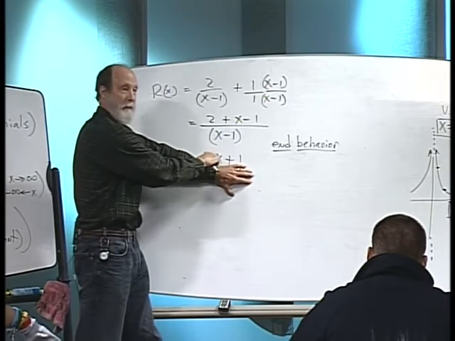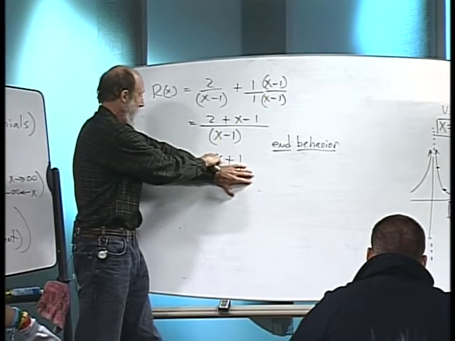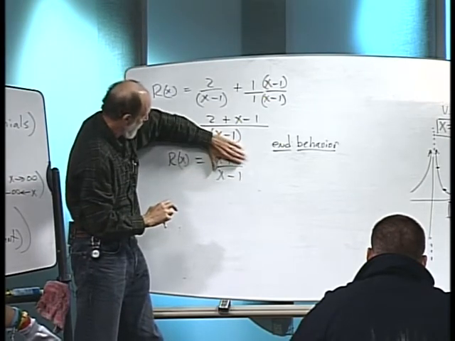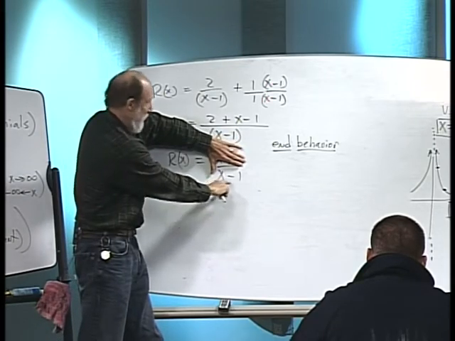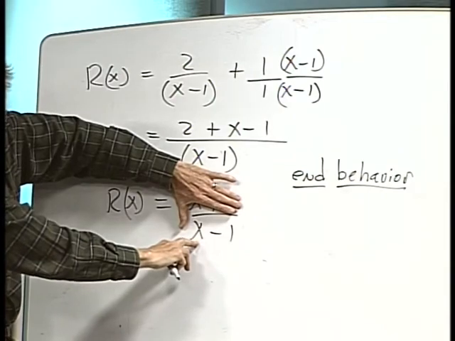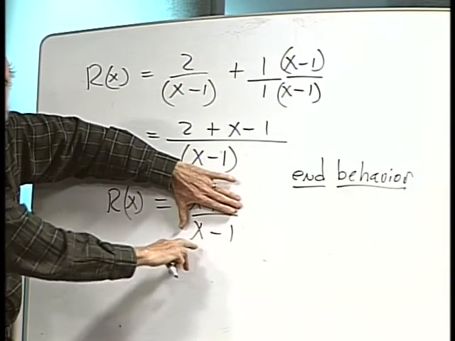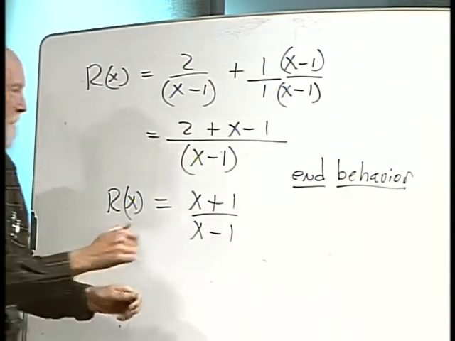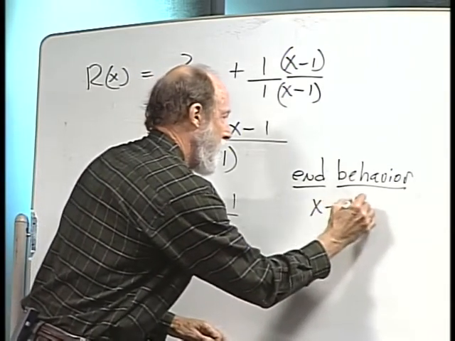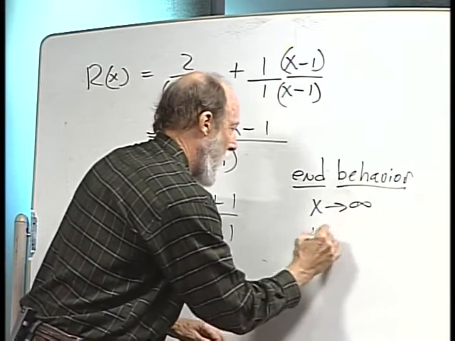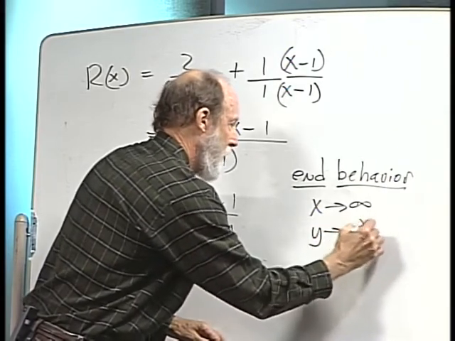X is big. Okay. What dominates the denominator? Again, x. Taking one away from a big number doesn't make much difference. Okay? So the dominant terms for end behavior, as x approaches infinity, y is approaching x over x.